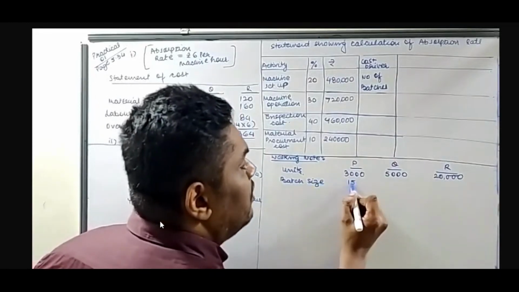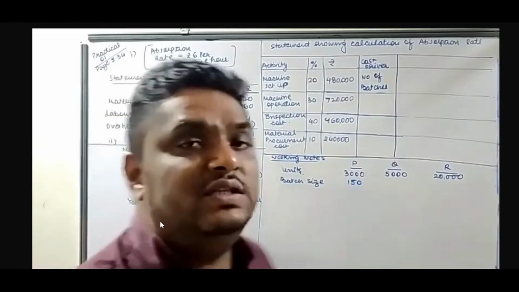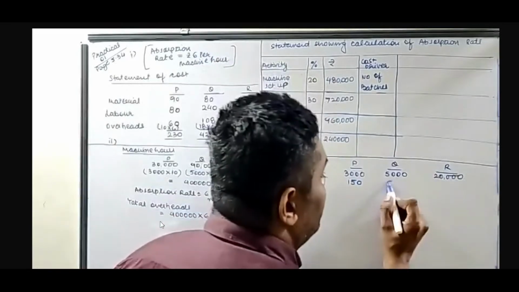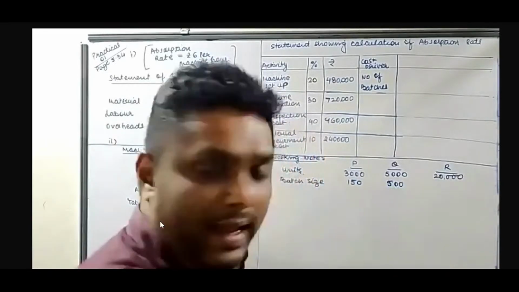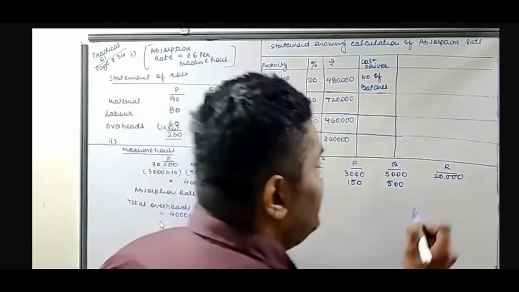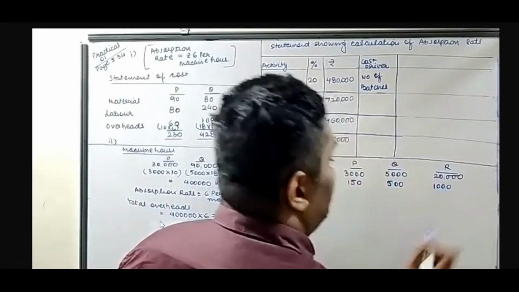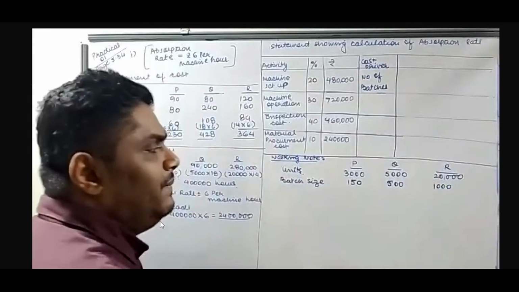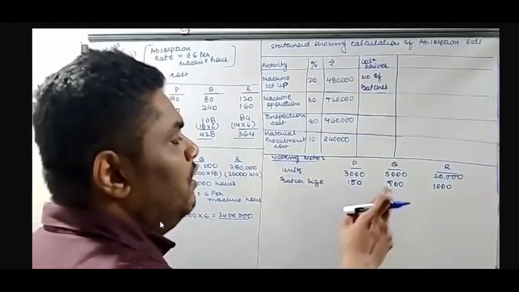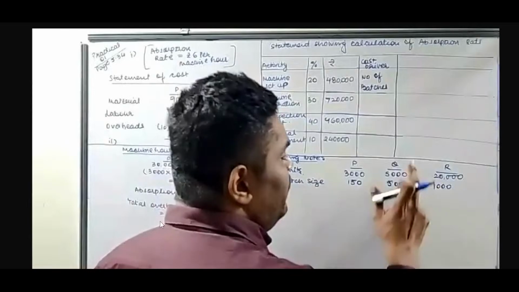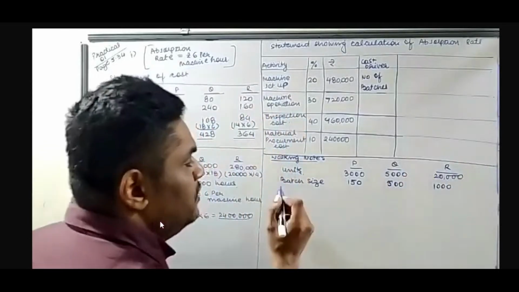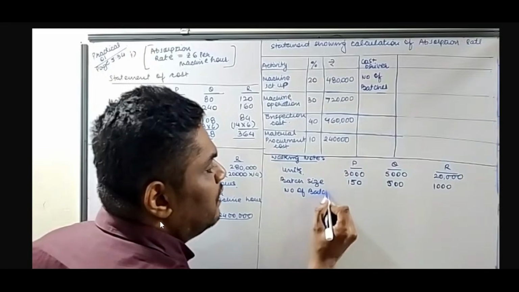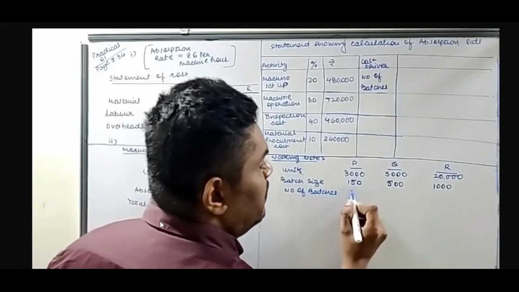In a batch, 150 units are manufactured of product P, 500 units of product Q, and 1,000 units of product R. So we can easily calculate the number of batches.